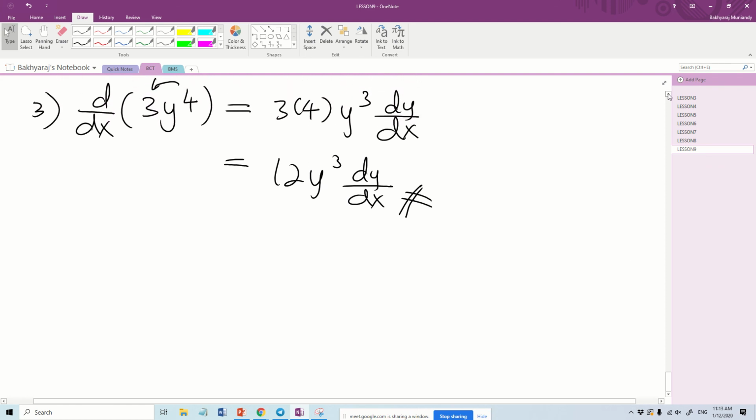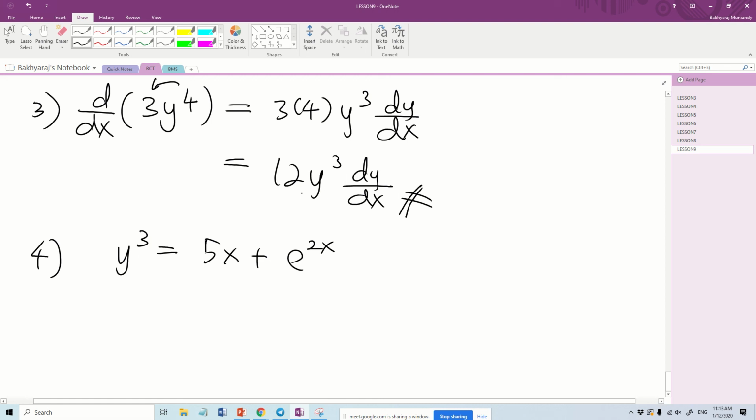Number 4, what if I have this problem? Y power of 3 equal 5x plus exponent 2x. Saya nak differentiate. I want to find dy dx.